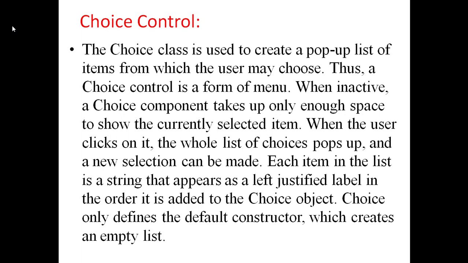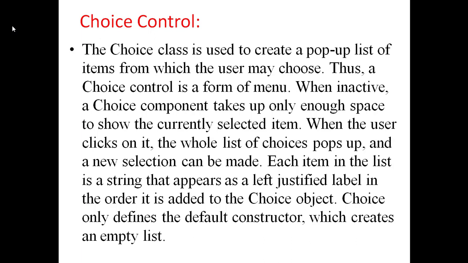First, choice control. A choice class is used to create a pop-up list of items from which the user may choose. Suppose we are filling an online form, and in that form the fields are like this: select a city, or select a country, or what is the state of your user.